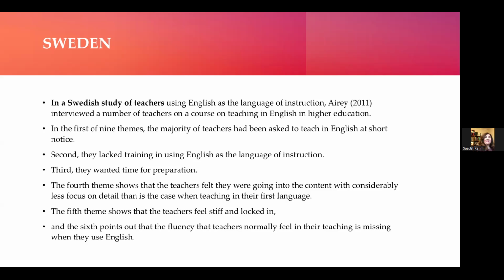In the third theme, they wanted time for preparation. The fourth theme shows that the teachers felt they were going into the content with considerably less focus on detail than when teaching in their first language.